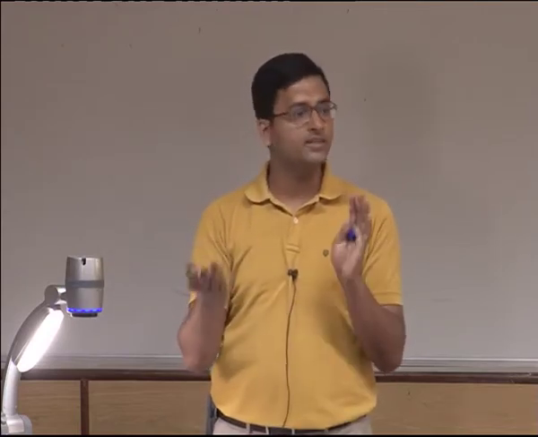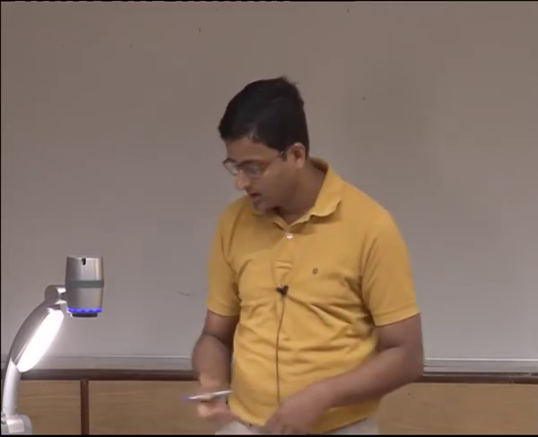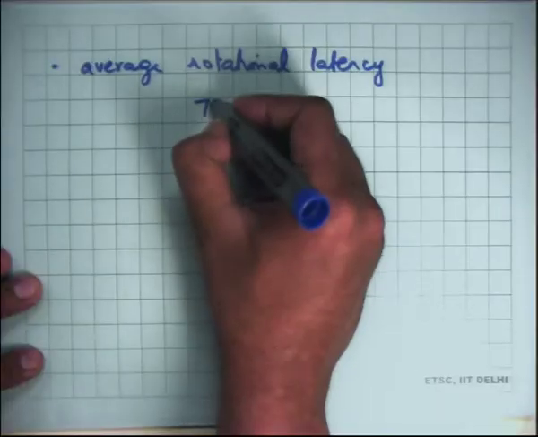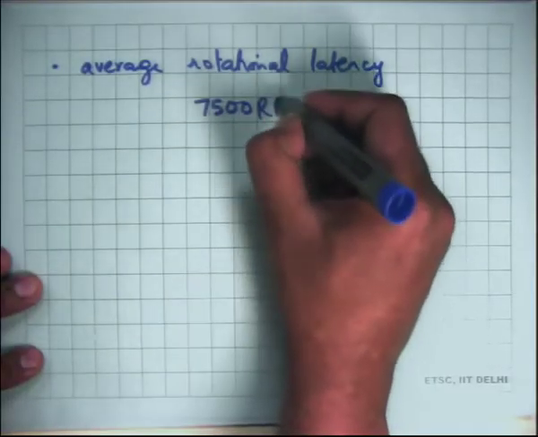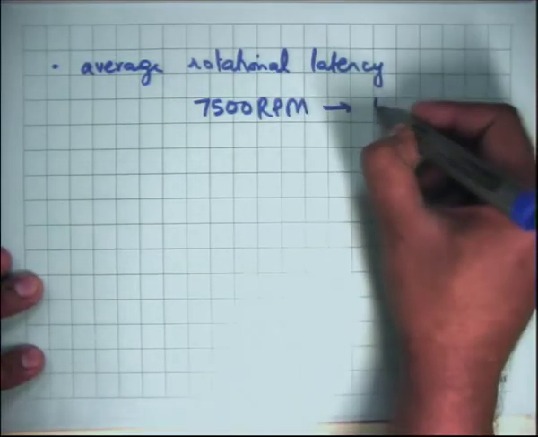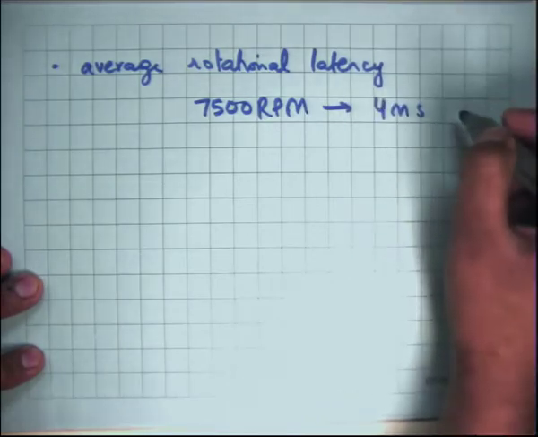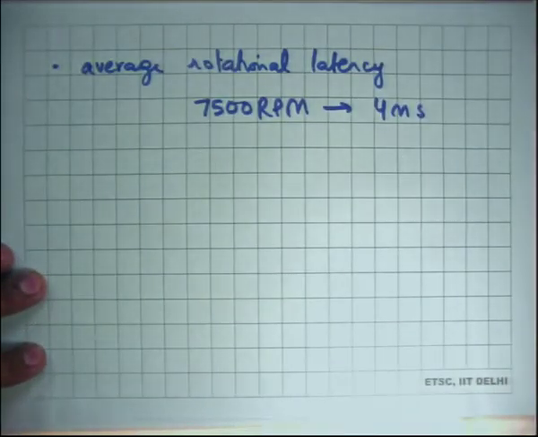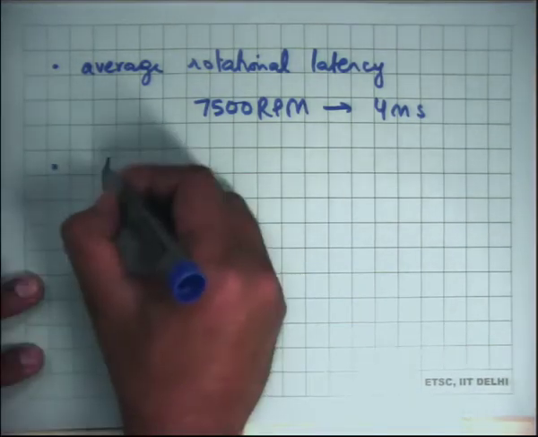So on average the rotational latency will be the time it takes to make half a revolution, right. So a 7500 RPM disk implies roughly 4 milliseconds average rotational latency, right.